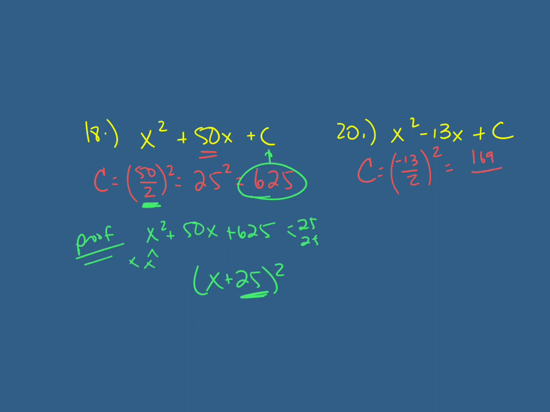I'm going to get 169 over 4. So when I rewrite this, I write x squared minus 13x plus 169 over 4. Now I don't have to do much work here. I just put minus 13 over 2 inside the parentheses because I know the factors are that. So that's it.